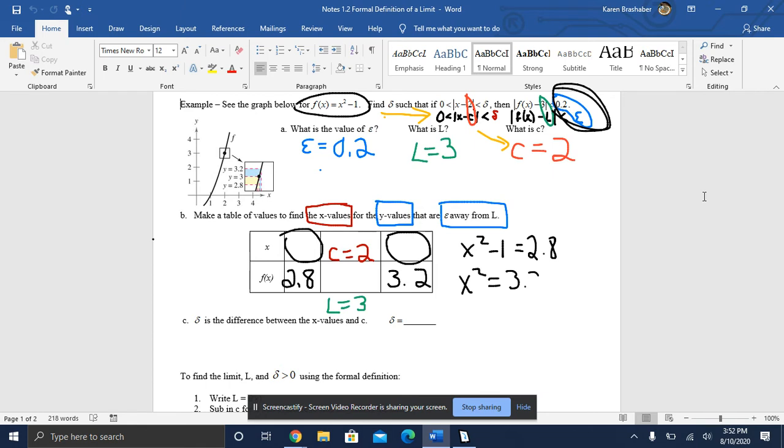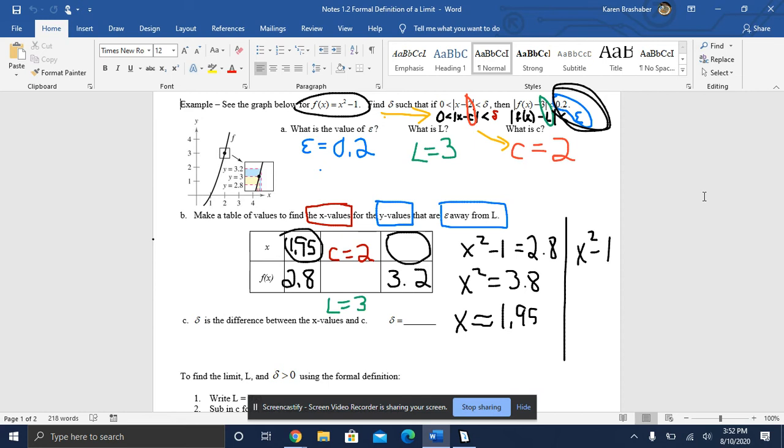And then you can use a calculator and do the square root. And you only need the positive value because that's what we're dealing with right here. And so x is approximately 1.95. All right, so I know that in order to get a value of 2.8, then my x has to be 1.95.